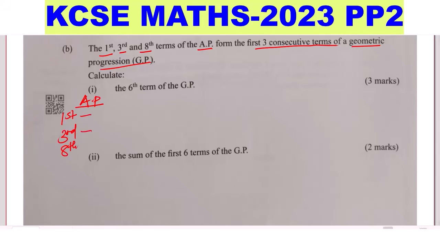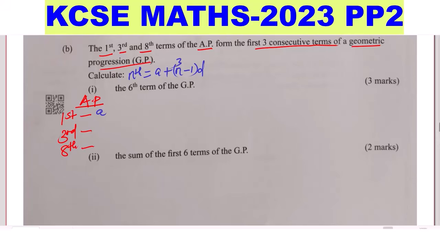We write these. So the first term of an AP is A. The third term, remember how we gave the nth term? Just to remind you, the nth term of an AP is given by A plus n minus 1 D. So if you want to get, for example, the third term, you just substitute n with 3.